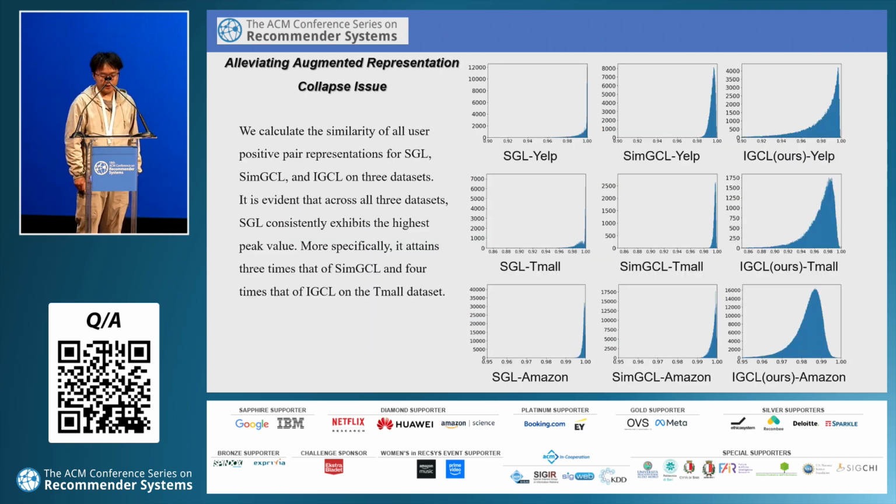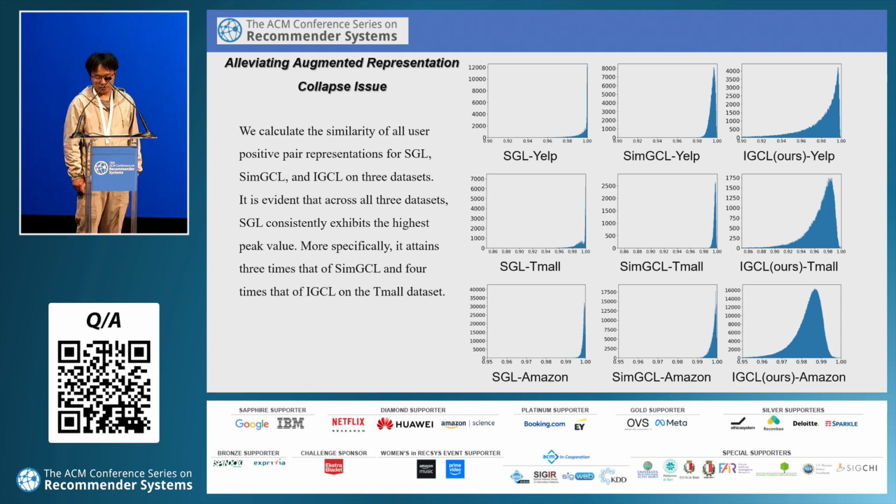And then we calculated the similarity of all user positive pair representations learned by SGL, SIM-GCL, and IGCL on 3 datasets. It is evident that across all datasets, SGL consistently exhibits the highest peak value of similarity.